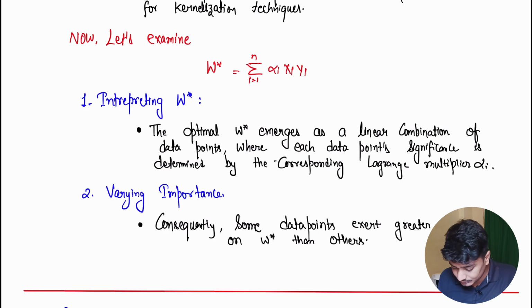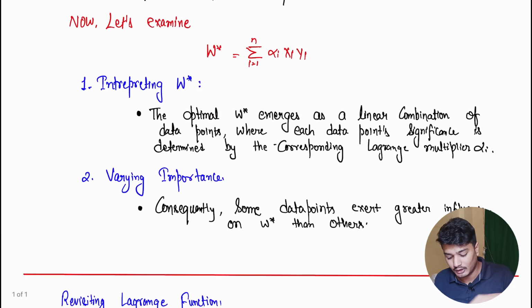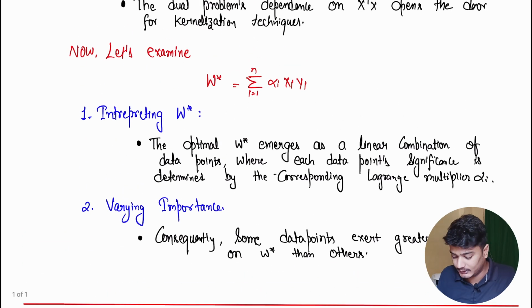Okay, that is cool. The second thing is varying importance. Consequently, some data points exert greater influence on w star than others. Okay, so there will be some data points which will have greater influence on this w star than some other data points. So these two are the observations, the interpretation of this point.